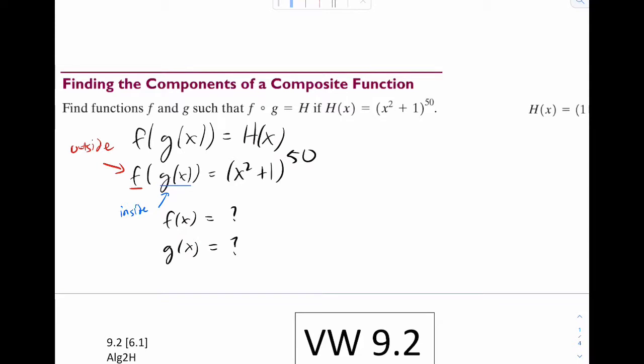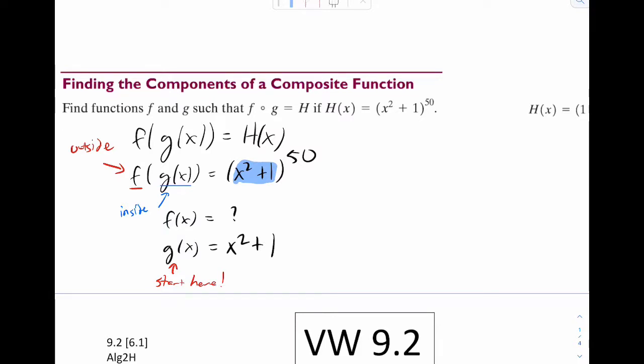We're going to start with the inside function. So start here. Look at this thing and notice what's on the inside. Meaning what's really on the inside of this expression, which would be this. So I'm going to write my inside function is x squared plus 1.